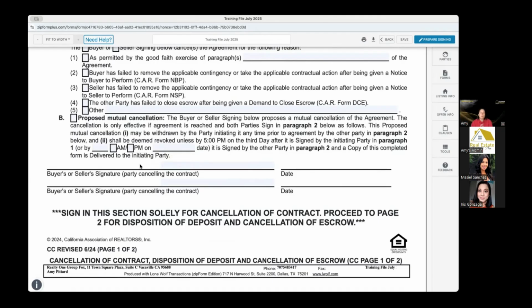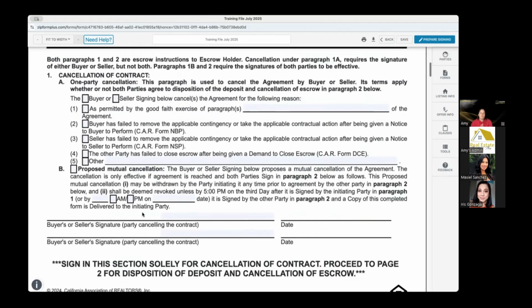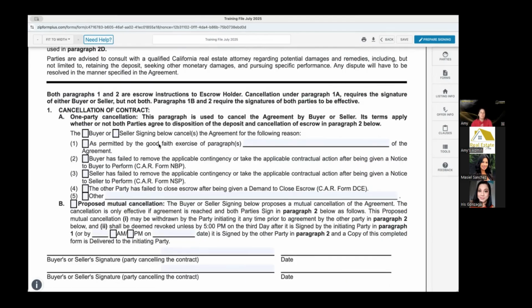It shall be deemed revoked unless by 5 p.m. on the third day after it is signed by the initiating party in paragraph 1, or by blank date and time it is signed by the other party in paragraph 2, and a copy of this completed form is delivered by the initiating party. Most of the time, it's not going to be proposed mutual cancellation. Okay, most of the time, it's going to be one party providing the cancellation.